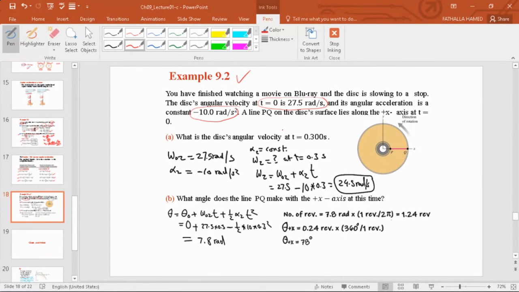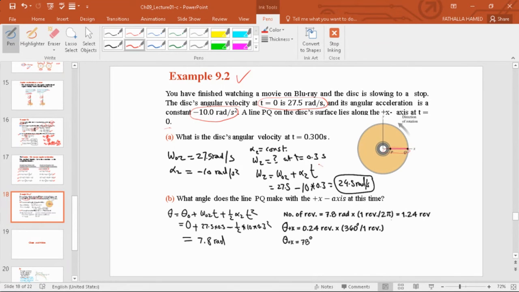The line PQ on the disk surface lies along the positive x-axis at t equal to 0. So you look at this line here, and this is what you take at t equal to 0. Now they ask you, what is the disk's angular velocity at t equal to 0.3 seconds?